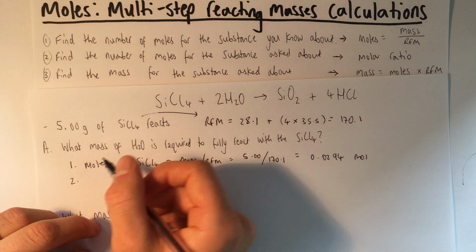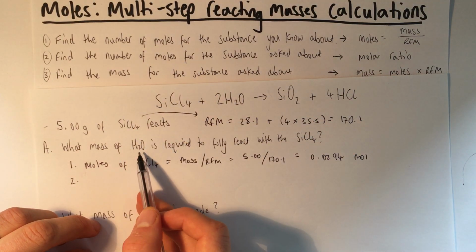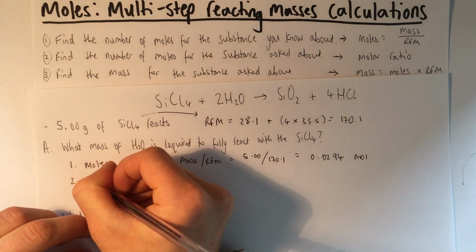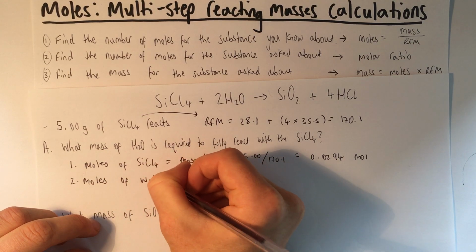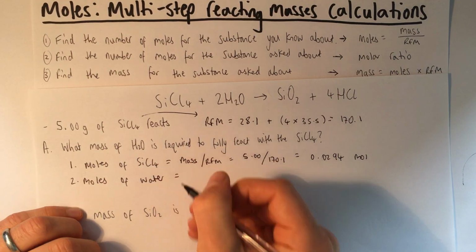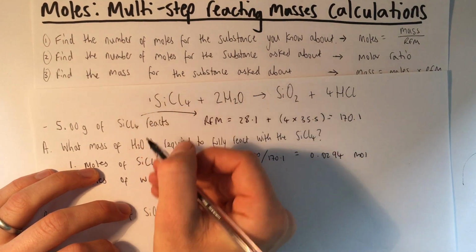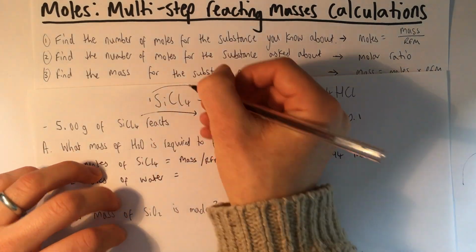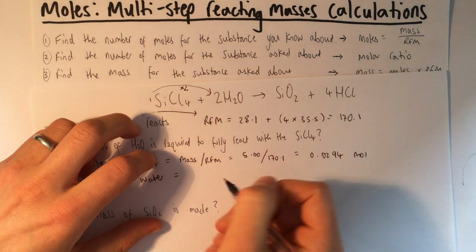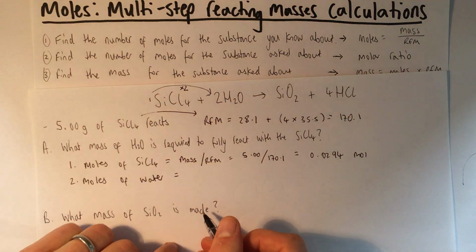Okay, now I'm going to use my molar ratio to work out the number of moles of water. So moles of water. Now let's look at this molar ratio. 1 mole of this, because there's no number, so that means 1, makes 2 moles of water. So this is a 1 to 2 ratio. I've got to times the number of moles of this by 2 to find the number of moles of this.